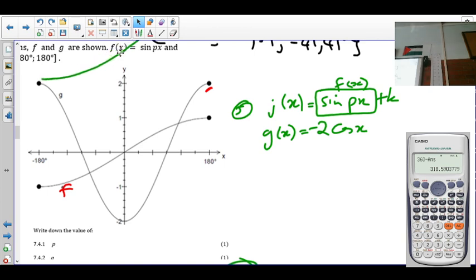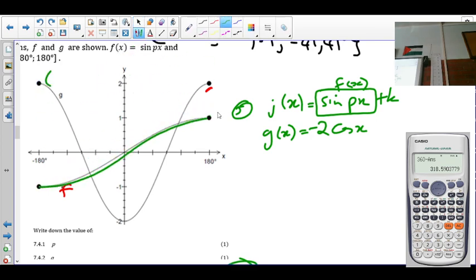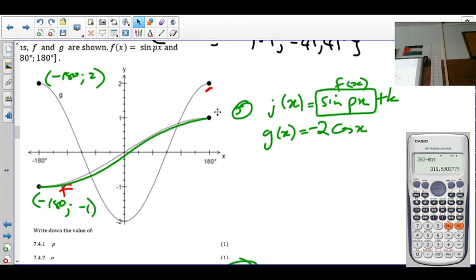You guys understand? So that g of x graph here, this is negative 180 and 2. This is negative 180 and negative 1. So this graph must move how many units up? It will move 1, it will lie there, and it moves a further 2, it will lie on that graph.